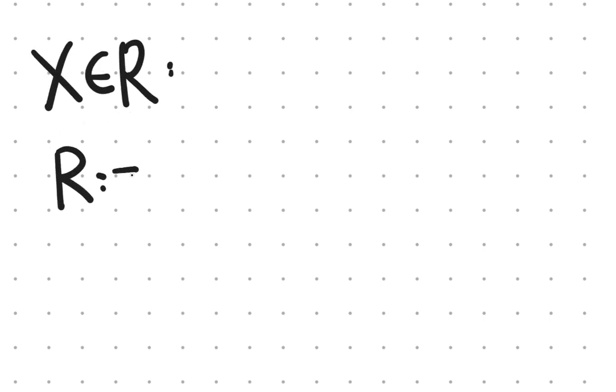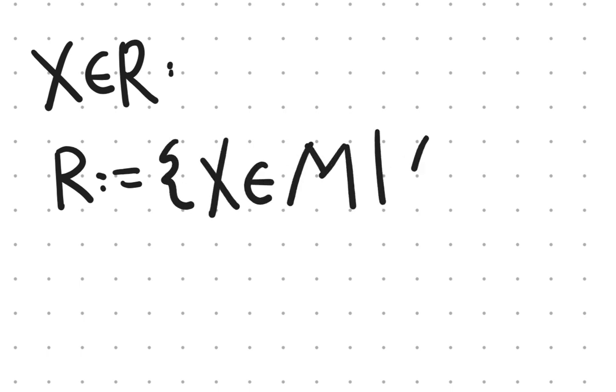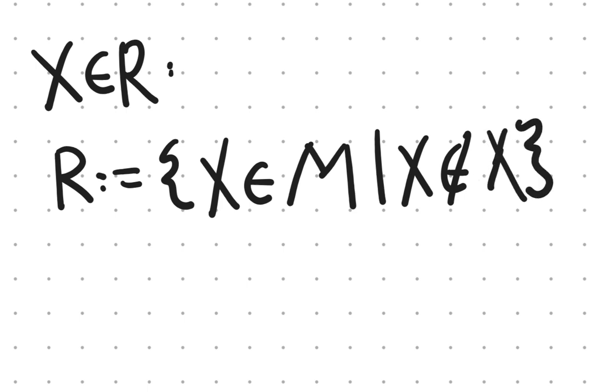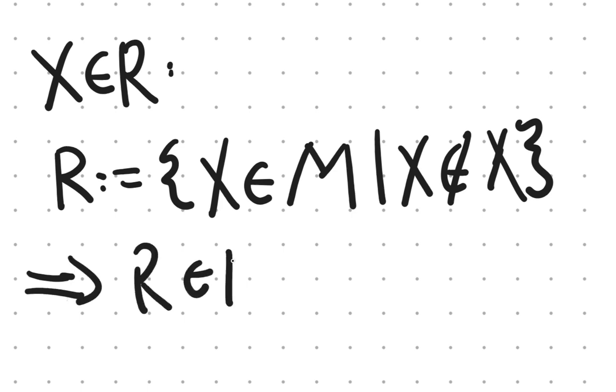Okay, since X is not an element of X, X is in the rest class, since the rest class is again defined as a set X in M, such that the set X is not an element of its own set X. So it means that through this, the rest class should be an element of the rest class.